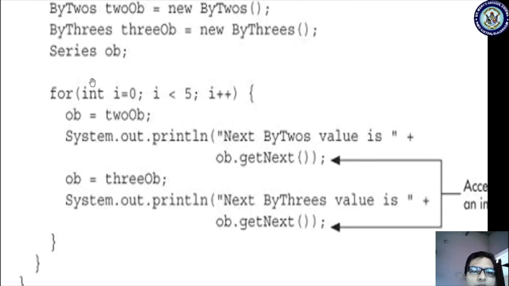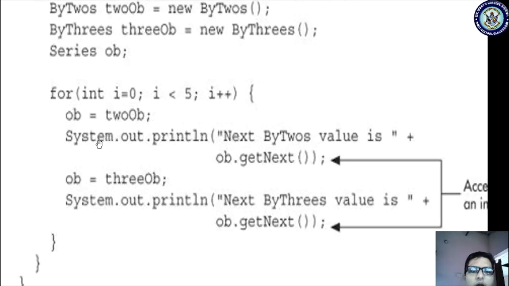For this object I am assigning the object of class By2. If I assign it, automatically this object will point to the By2 class object. You are giving the reference. Clear? You are assigning the reference of an interface variable to a class object.